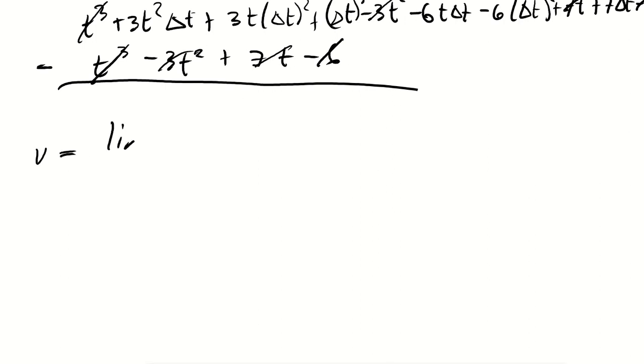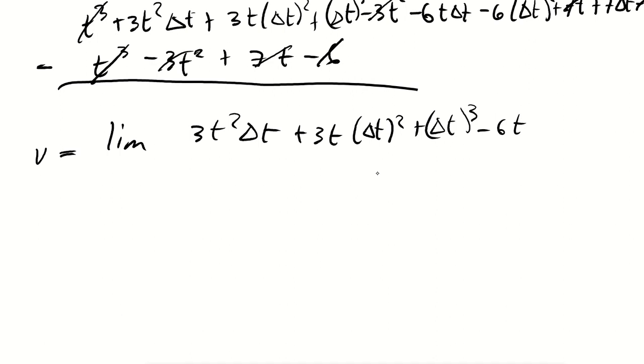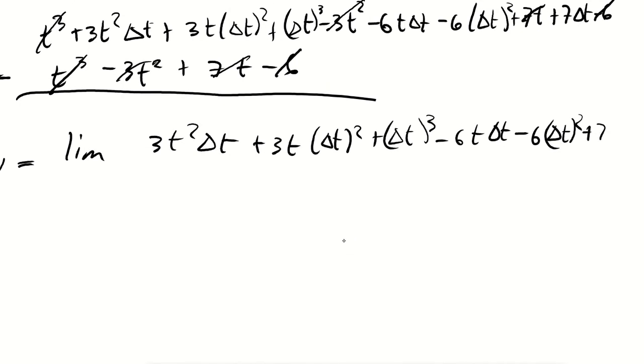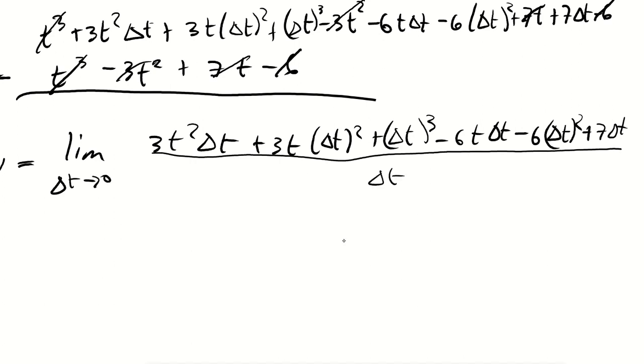The velocity is the limit of the difference, which is 3t squared delta t plus 3t delta t squared plus delta t cubed minus 6t delta t minus 6 delta t squared plus 7 delta t, all over delta t, when delta t approaches 0.